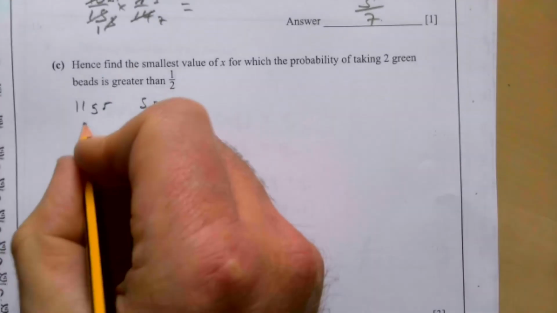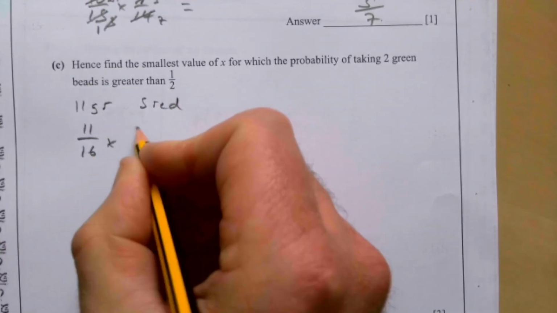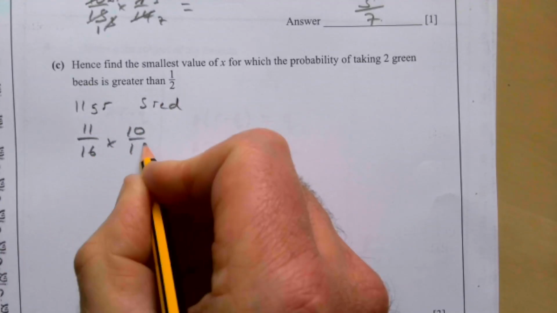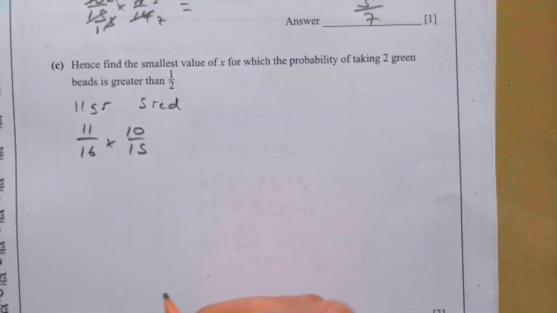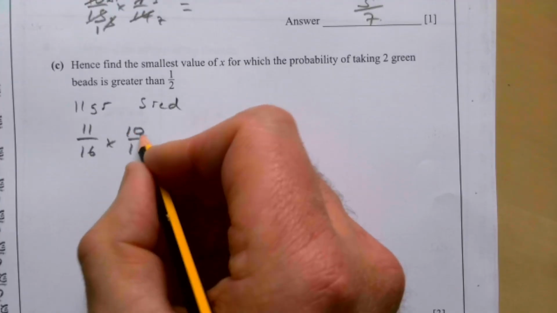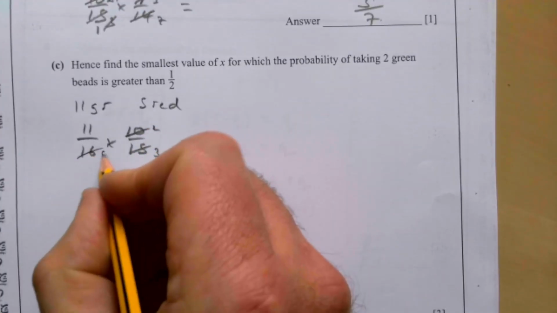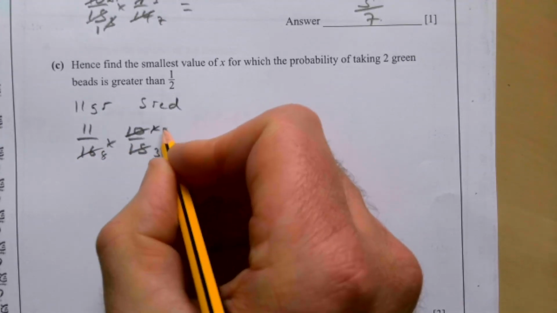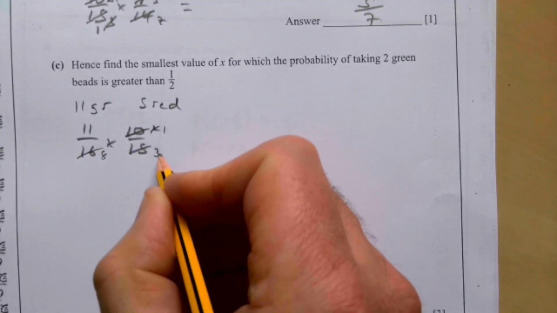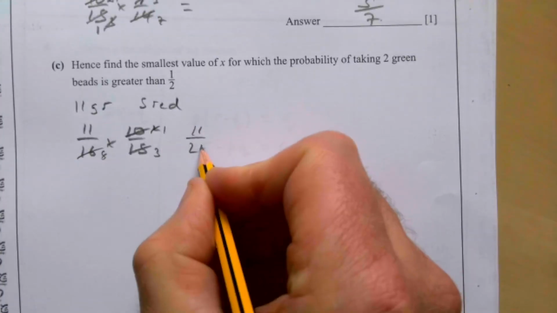That would be 11 over 16 multiplied by 10 and then 1 fewer over 15. The 10 over 15 cancels down into 2/3. That gives me an 8 and a 1, I think. So that's 11 over 24. So we're still less than a half.